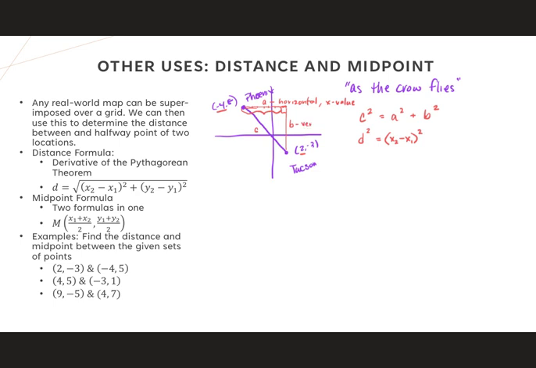Now, same thing here. B is a vertical distance, which means it deals with y values. And so instead of counting these squares every time, because that means I have to draw a picture, I can just take two y values and subtract them.